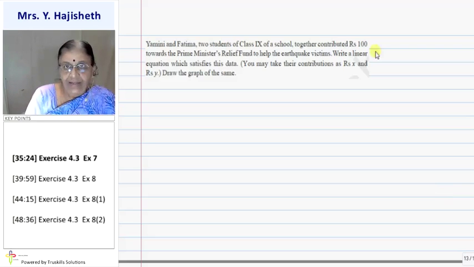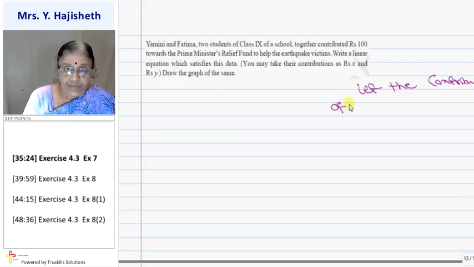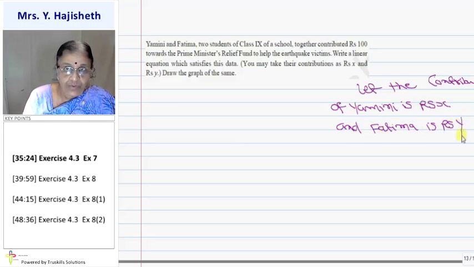So मैं पहले क्या लूंगी इधर, let the contribution of Yamini is ₹x and Fatima is ₹y. मगर दोनों का टोटल कंट्रीब्यूशन है 100.